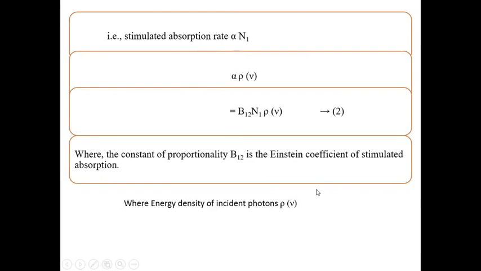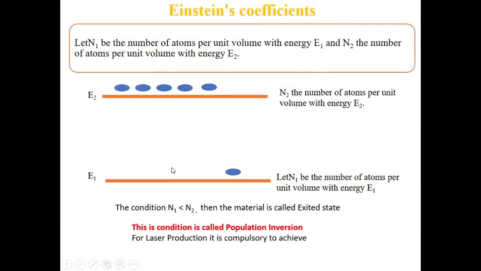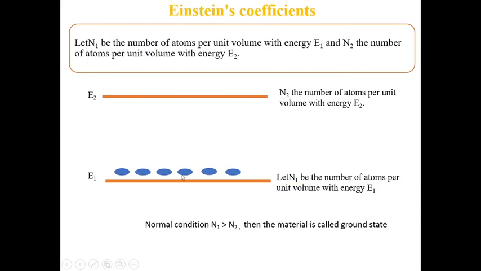Next, the stimulated absorption rate: how much radiation is absorbed and how many particles move from the ground state to the excited state. The absorption rate is directly proportional to the number of particles in the ground state. If more particles are there, more particles can absorb energy and move to the excited state.